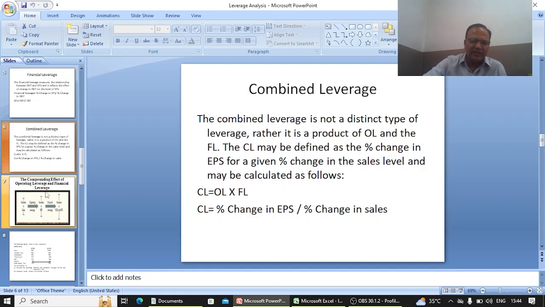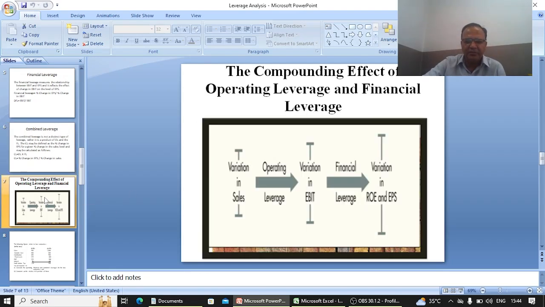Now let's see the impact of operating and financial leverage by this diagram. This is the compounding effect of operating leverage and financial leverage. Variation in sales. Reason is operating leverage. Variation in EBIT.